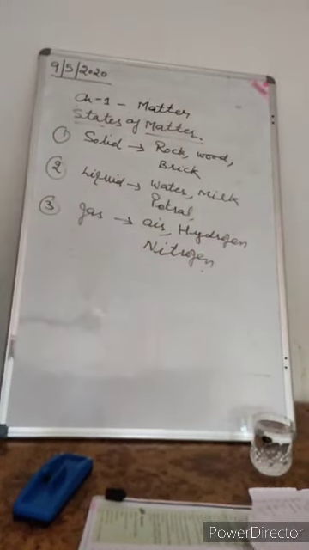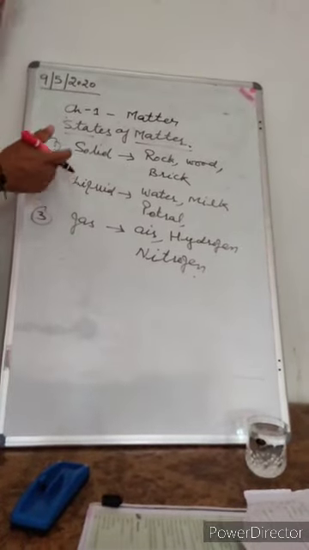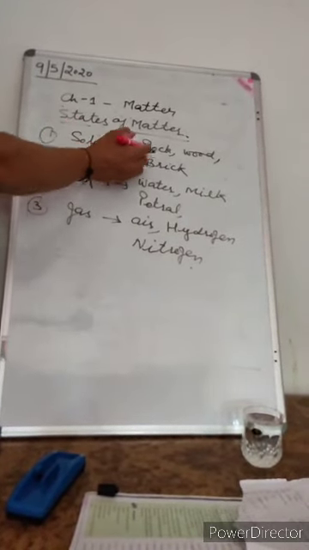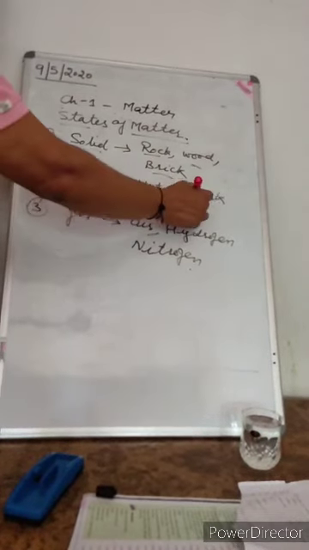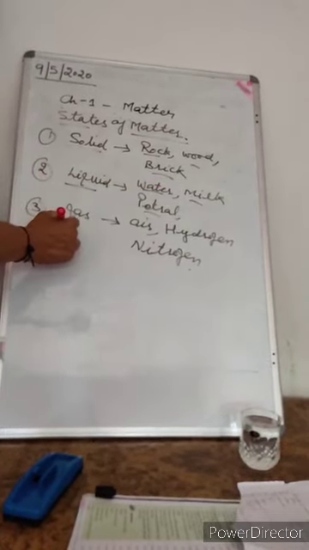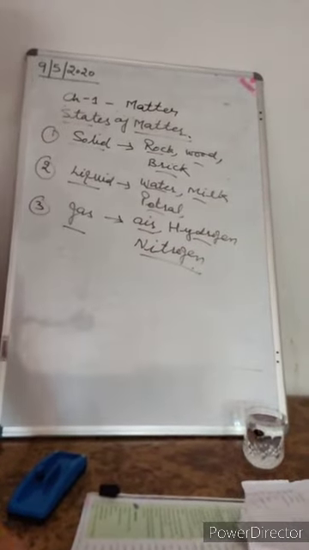Okay students, so matter can be divided into three states, that is solid state like rock, wood, brick, liquid state that is water, milk, petrol, then gas state that is air, hydrogen and nitrogen.